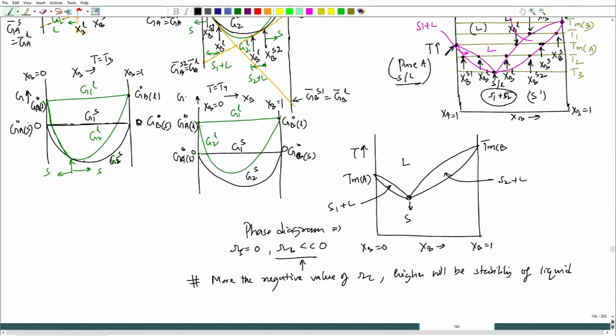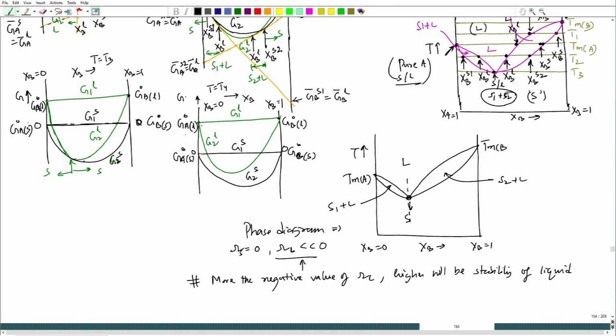We will use this particular information while seeing eutectic phase diagram, and eutectic phase diagram has a kind of typical nature and we will see it later. Okay. So, we have considered two conditions, one is combination 1, both the omega values of solid and liquid solutions are 0.